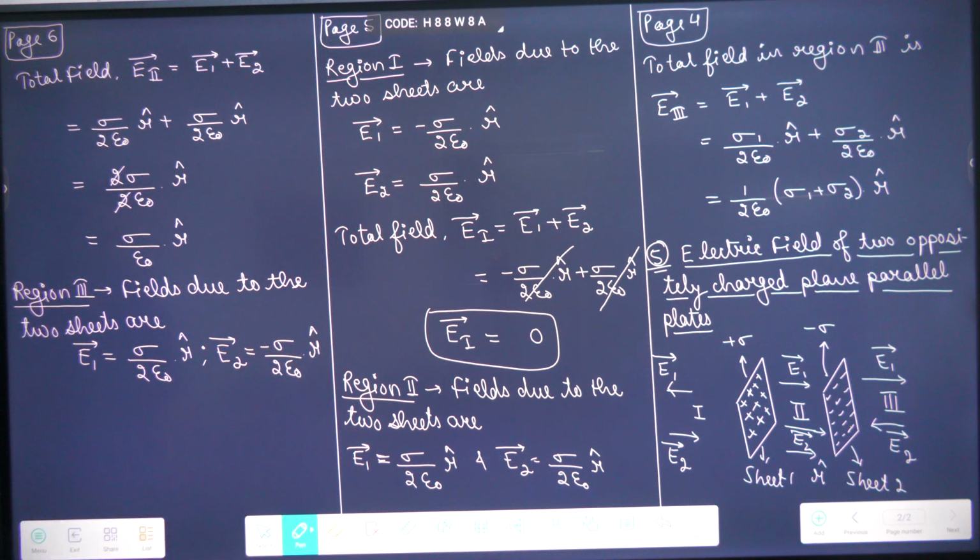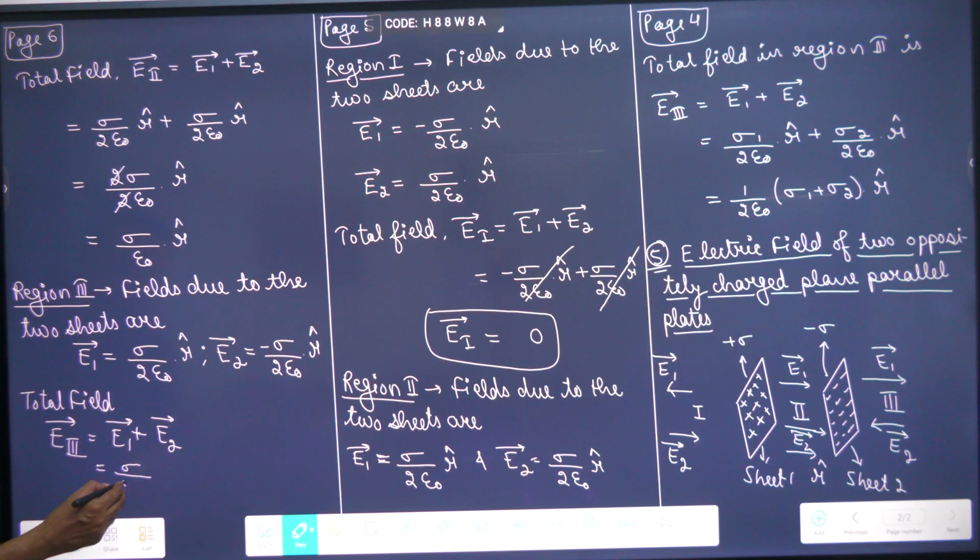So what will be the total field? E third, the electric field of the third region, is equal to E1 vector plus E2 vector. What is E1 vector?